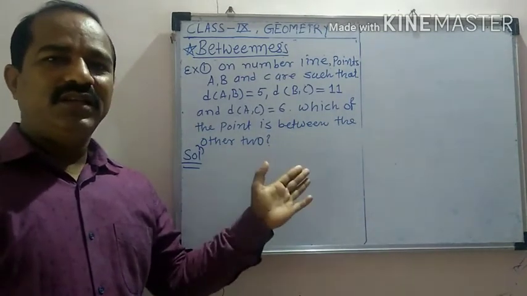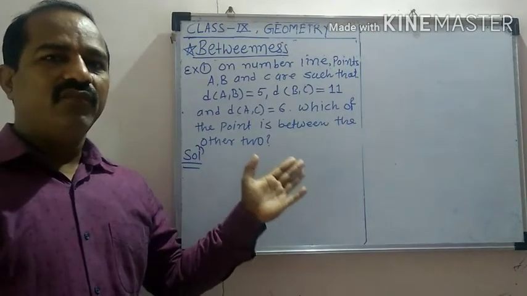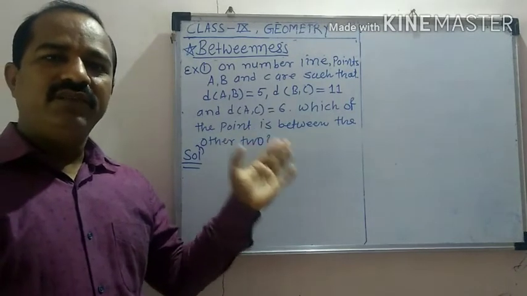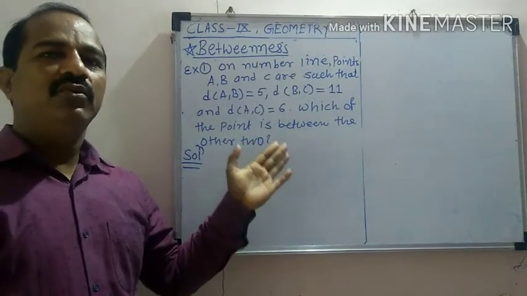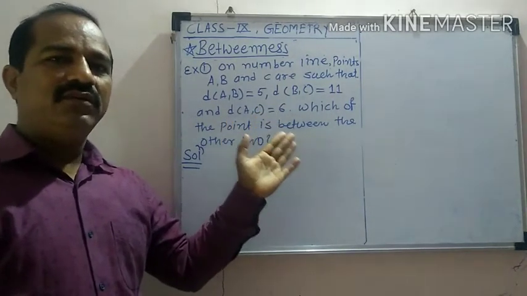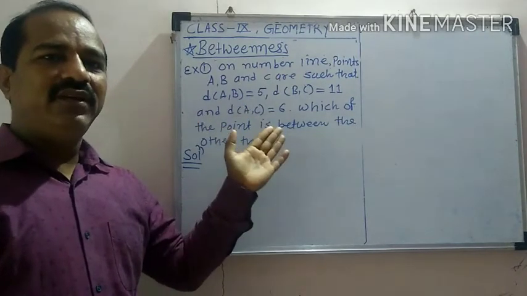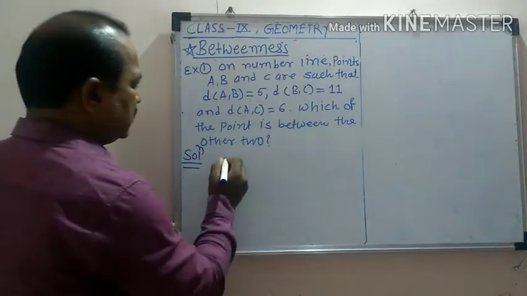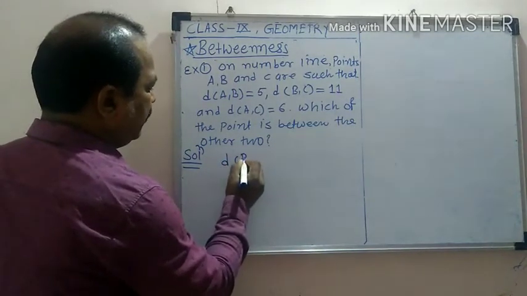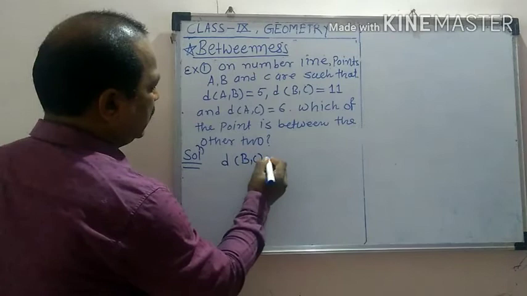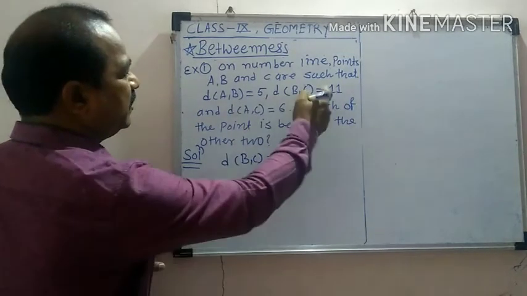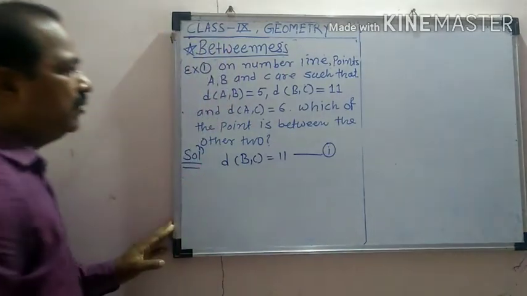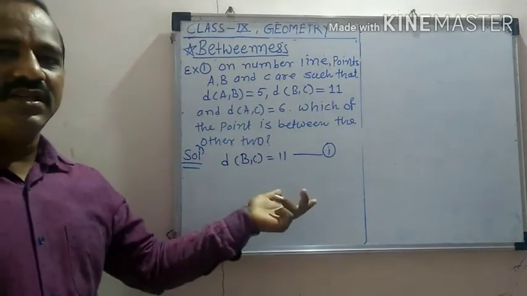Here all the 3 points are collinear. The distance between them is given to you. The very first thing is you have to find out the 2 points in which the distance is biggest. So here the distance between B comma C is equal to 11, which is biggest one. Name it number 1. Now add the 2 remaining distances.